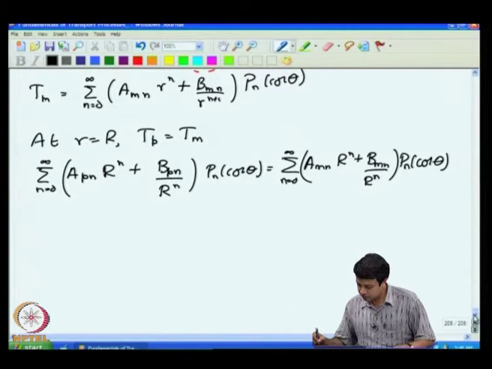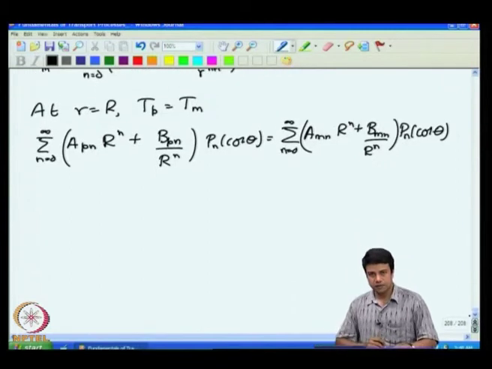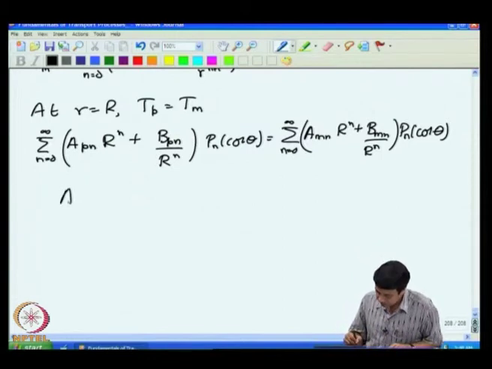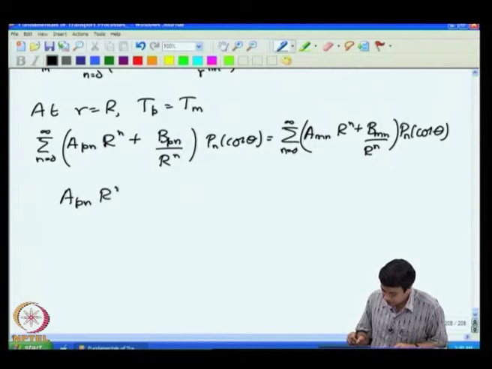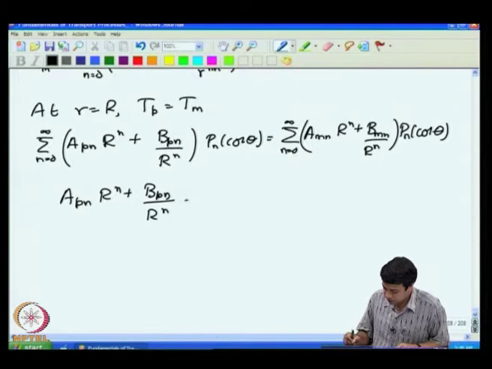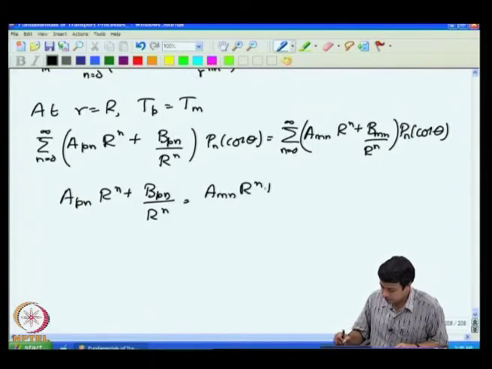Since the Legendre polynomials are all orthogonal to each other, I can multiply this entire equation by Pm of cos theta and integrate, and I will just get that the coefficients are both equal. That is, Apn r^n plus Bpn by r^(n+1) is equal to Amn r^n plus Bmn by r^(n+1).